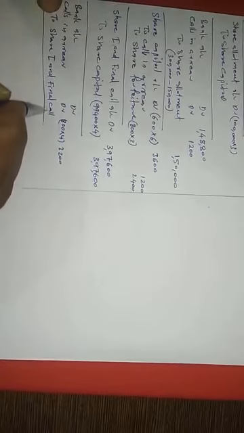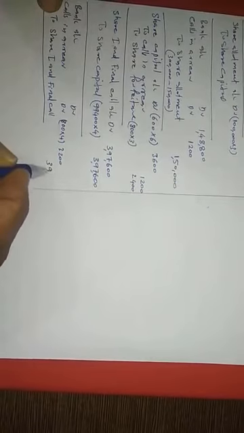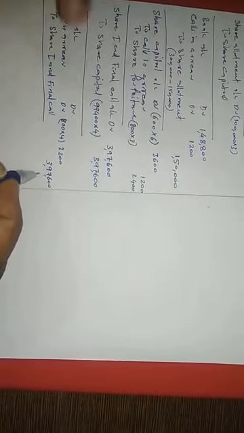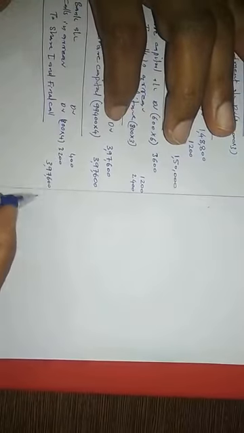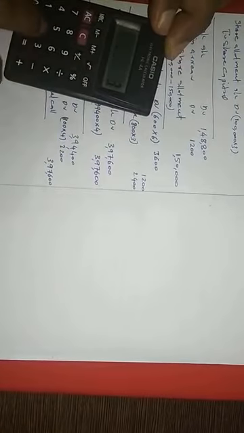And to share first and final call will be 3,97,600. From this we have to deduct 3200. So that will be 3,94,400. One can check it. 3,97,600 minus 3,200.